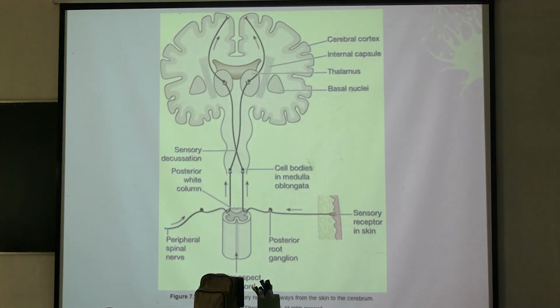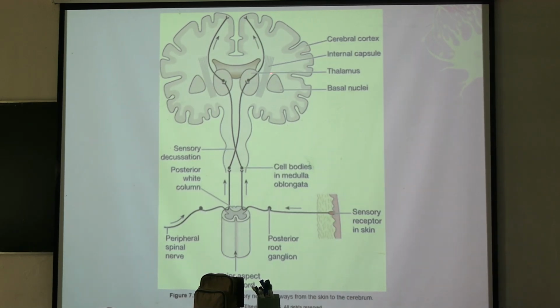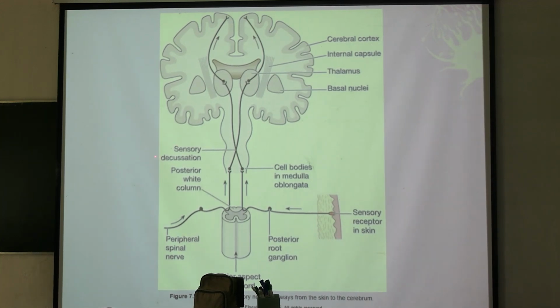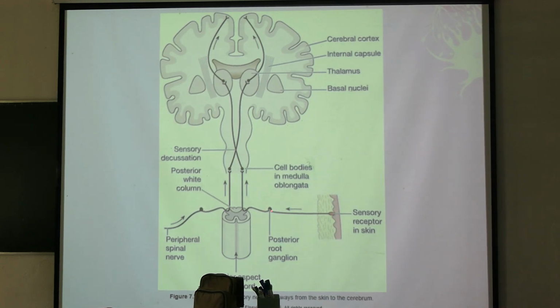Yeah, it's a nice picture. You can see the cerebral cortex, the sulci and gyri. This is the thalamus. This is the basal nuclei. Sensory decussation, crossover, and posterior white column. Now cell bodies in the medulla oblongata, and sensory receptor in the skin, posterior root ganglion, it goes this way.